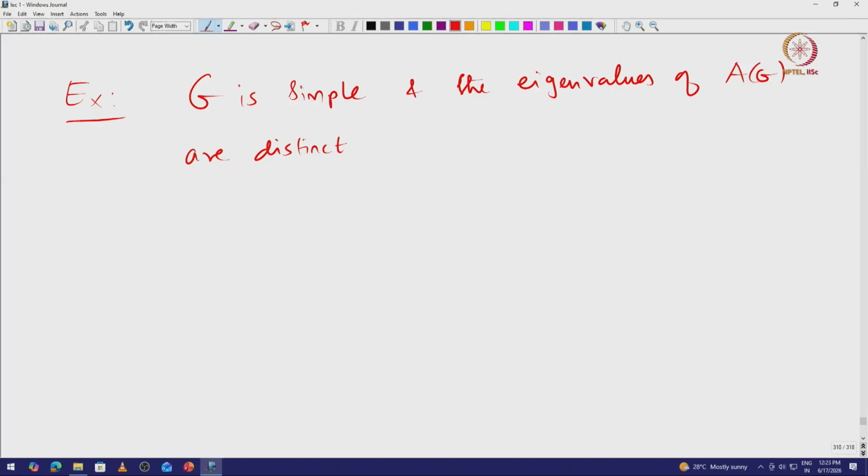If the eigenvalues are distinct, then we know from linear algebra that the matrix A(G) must be diagonalizable. In this case, what one can say immediately is that the automorphism group of the graph G must be abelian.